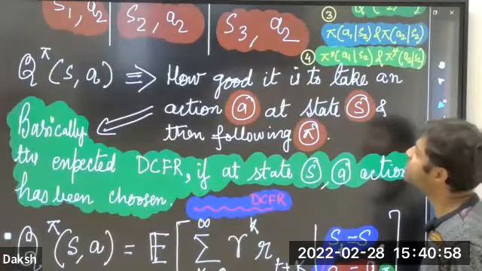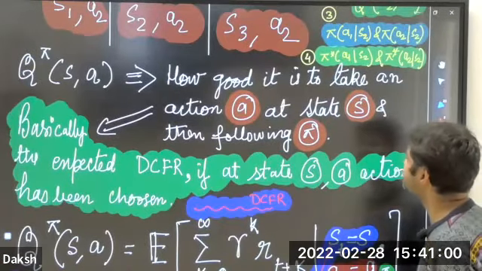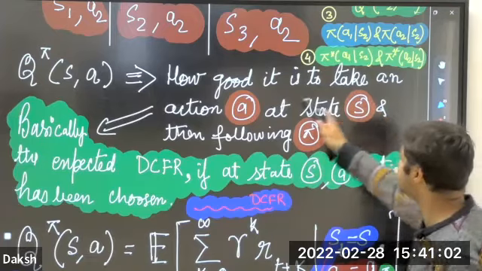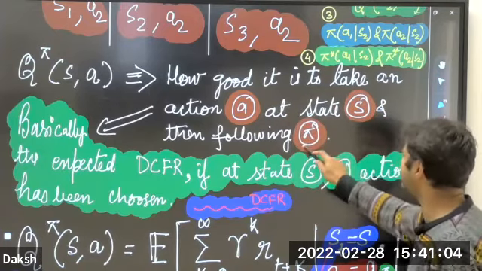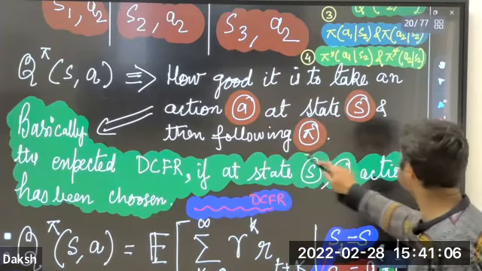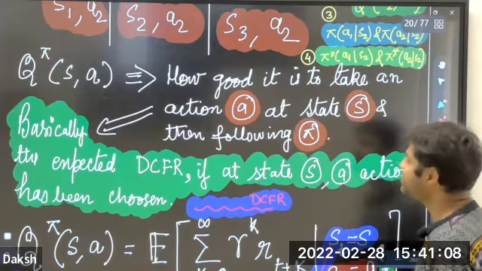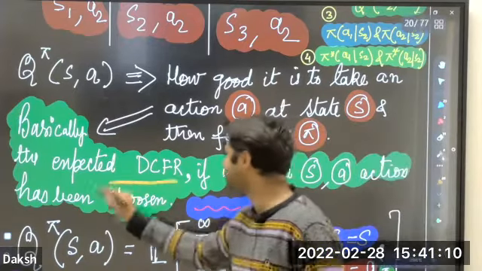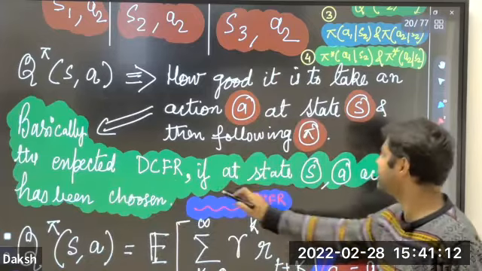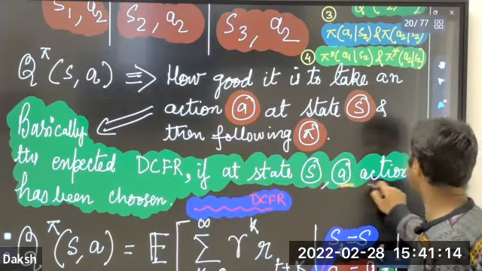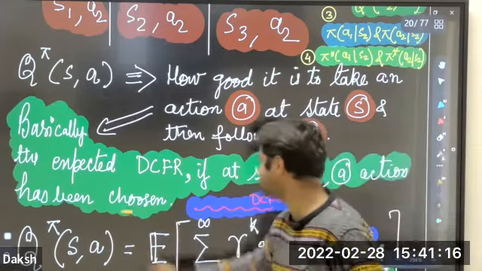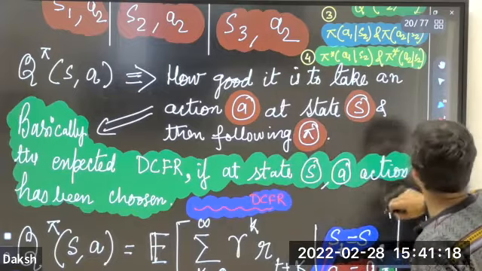Q pi S comma A: how good it is to take an action A at state S and then follow pi. Basically, the expected DCFR if at state S action A has to be chosen. Okay, let me write it down.